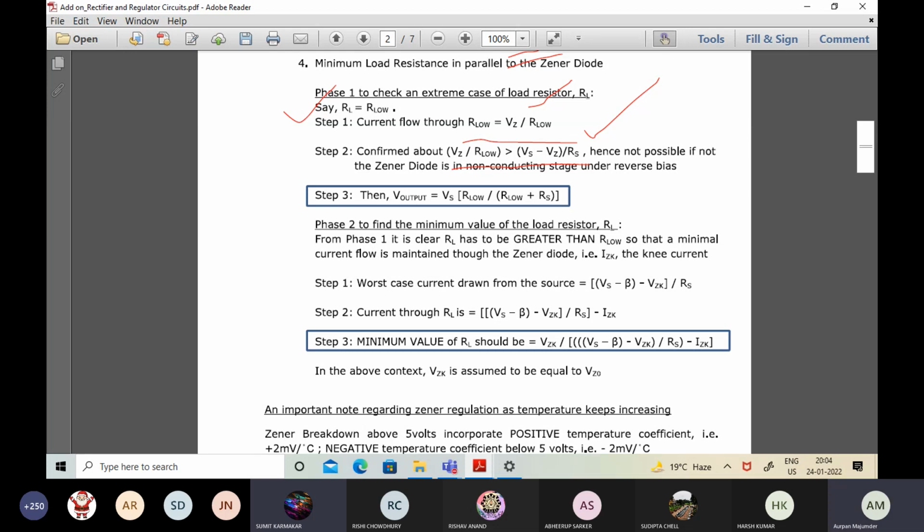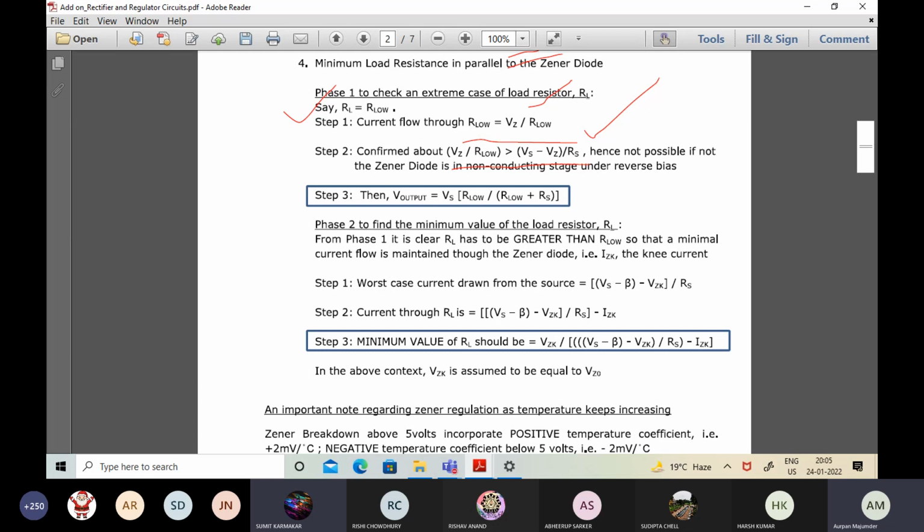Otherwise, if the value of R low becomes too low, it means that the Zener diode has come to its non-conducting state. The Zener diode is not conducting in the reverse biased operation anymore. Had it been in the conducting state, this shouldn't have been possible. This is only possible if the Zener is in the non-conducting state.